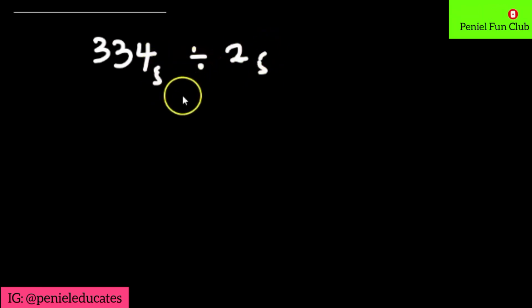Let's say I have 334 divided by 2, and let me just put this in base 5. Let's say everything is base 5. Okay, good. So what do we need to do?